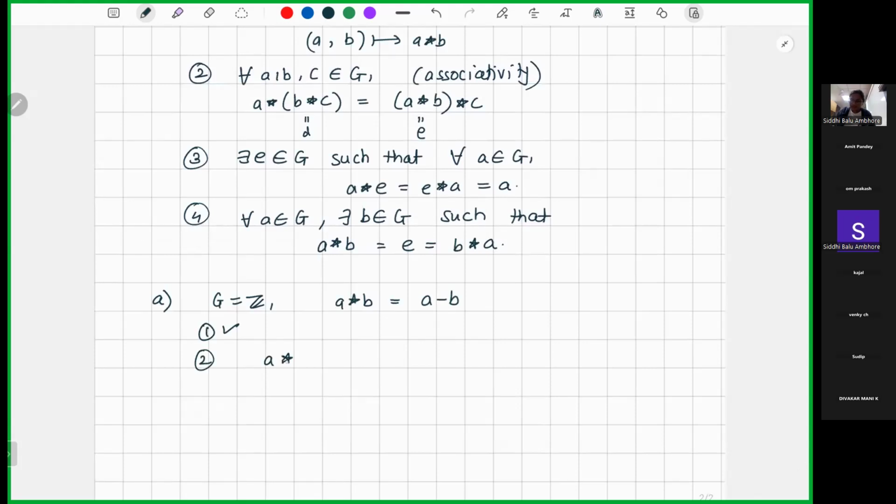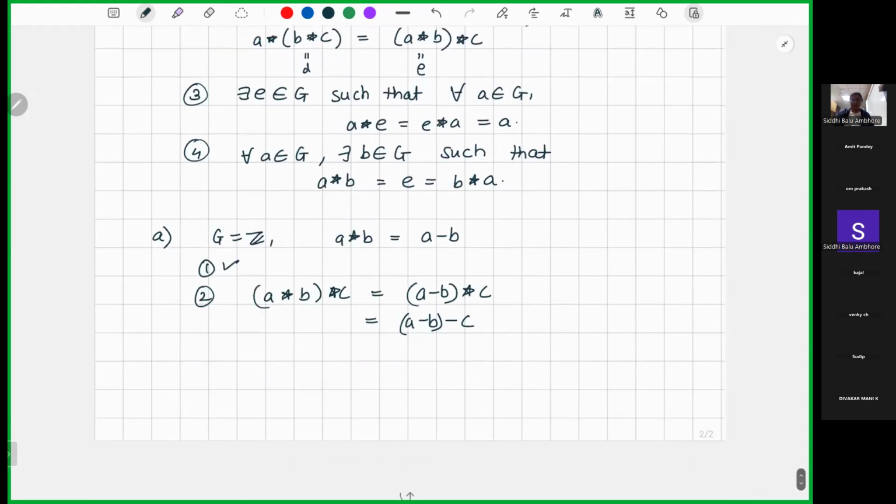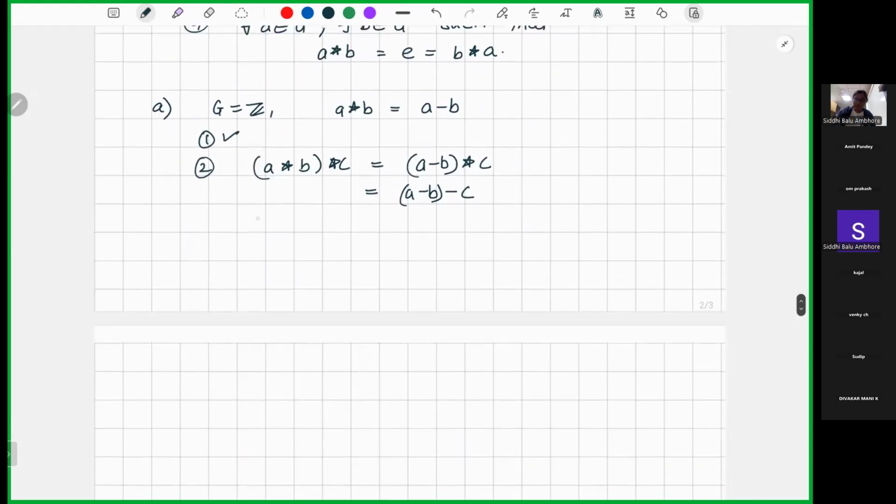If I take A star B star C, then it will be A minus B star C, so it is A minus B minus C. But if I take A star (B star C), then this is A star (B minus C), which becomes A minus B plus C. And these two are definitely not equal when I take C to be non-zero.